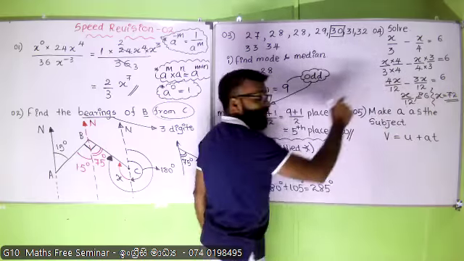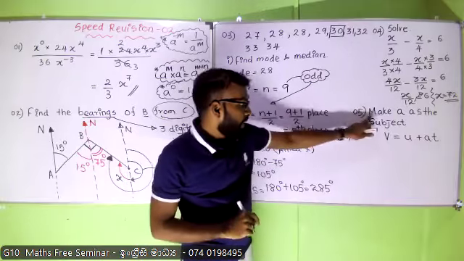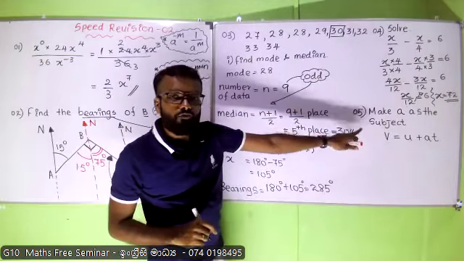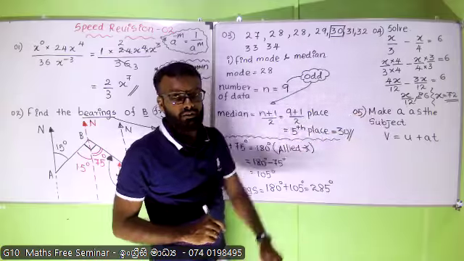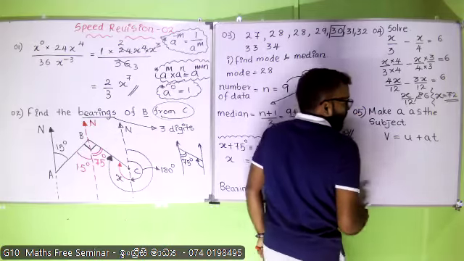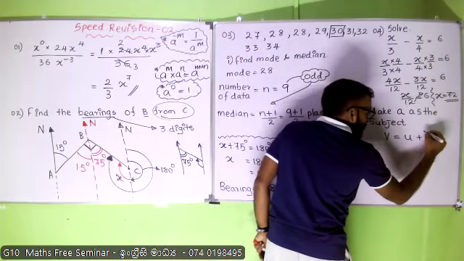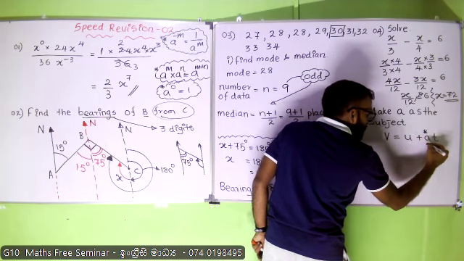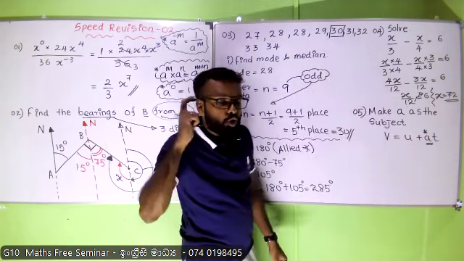72. If you got that answer, that's okay. Make a the subject of v equals u plus at. Here you have a with a t. You need to isolate a.